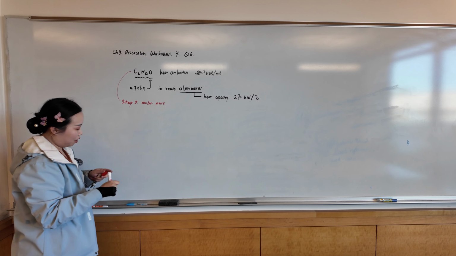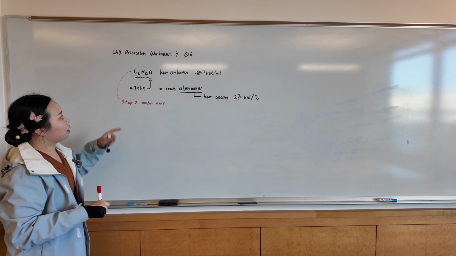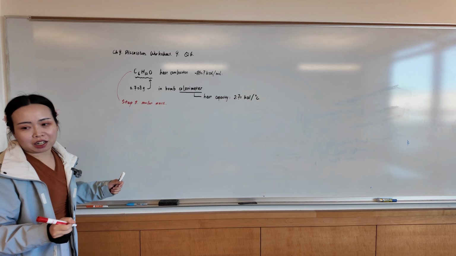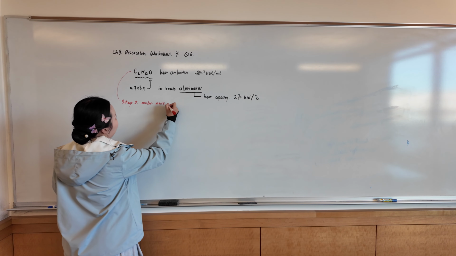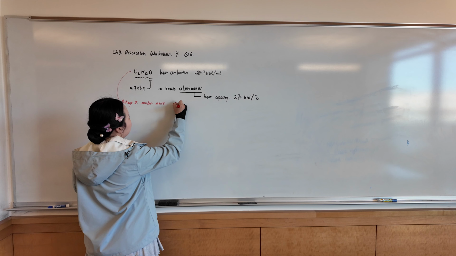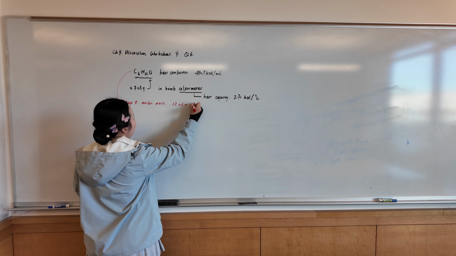If molar mass is not useful, we're not going to give you the formula. We'll just tell you the name, right? Okay, molar mass. Do I need to review this, or should I just go ahead and calculate it? Are we good?